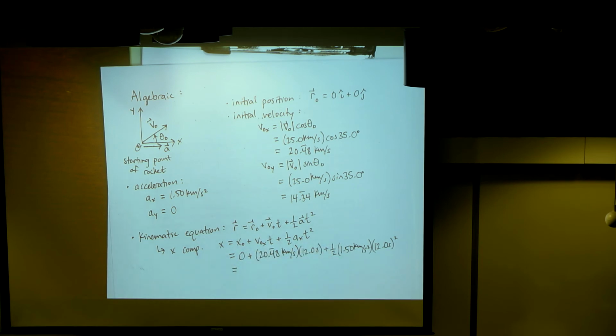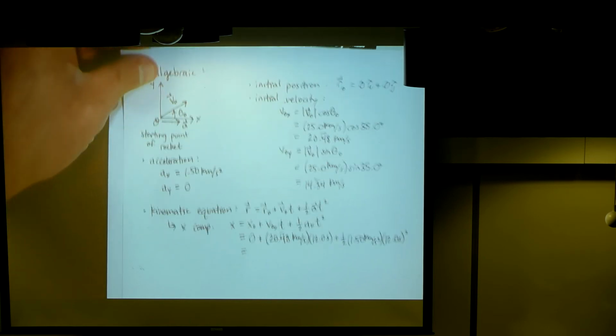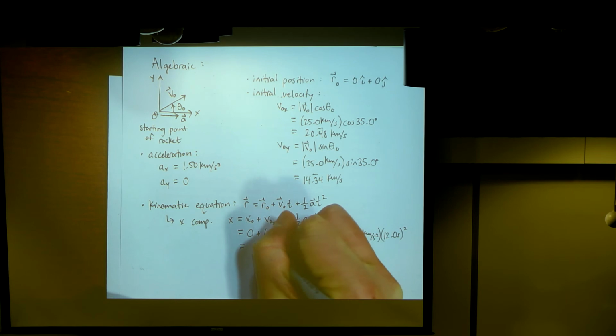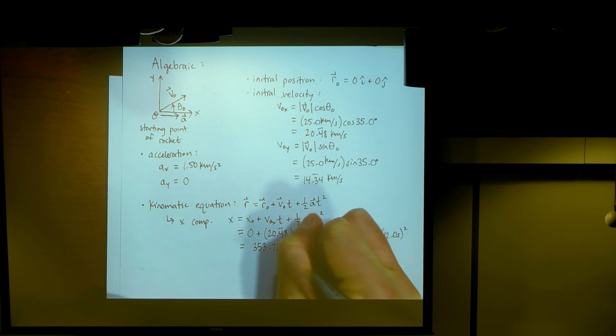Okay, what does this tell us? So someone punch that into the calculator, see what you get. 353.76, units are kilometers, right?